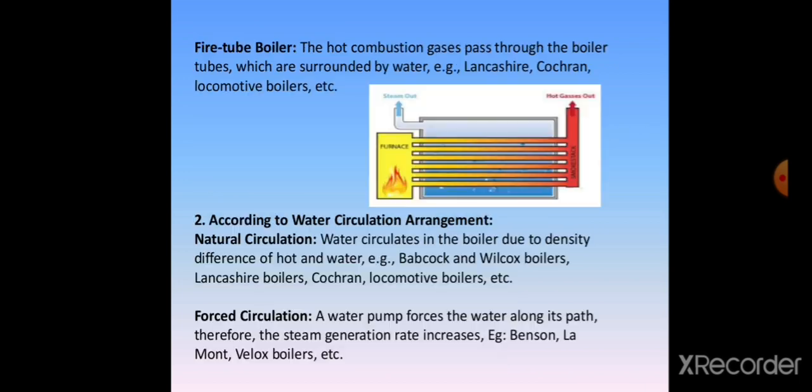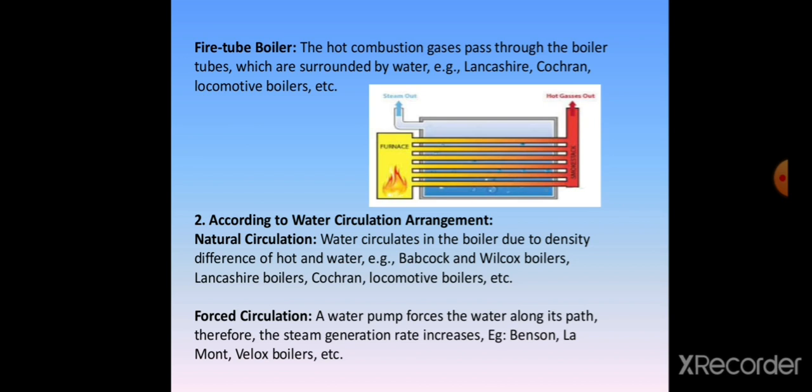Now next is the fire tube boiler. The basic difference between fire tube and water tube boiler: in a water tube boiler the water is inside the tube, and in a fire tube boiler the fire is inside the tube. Now in this, fire or hot flue gases are inside the tube, and these tubes are surrounded with water.